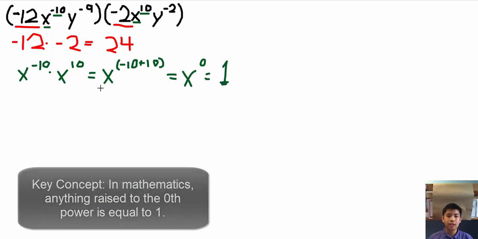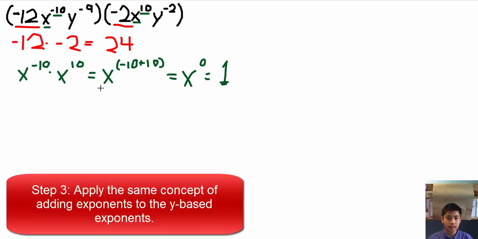Our next step is we have to apply the same exact concept to the y-based exponents. So, as you can see, negative 9 and negative 2 all have y as the base. So we do the same thing as we did to x. We do y to the negative 9th times y to the negative 2nd.